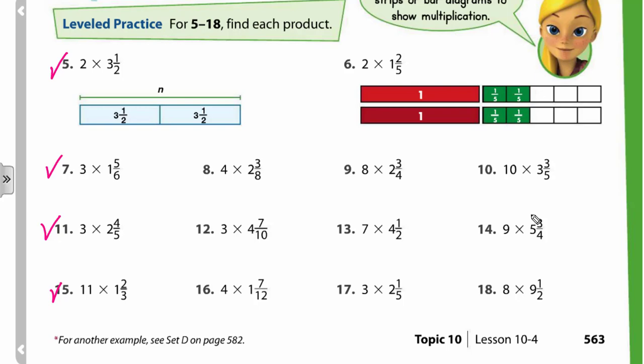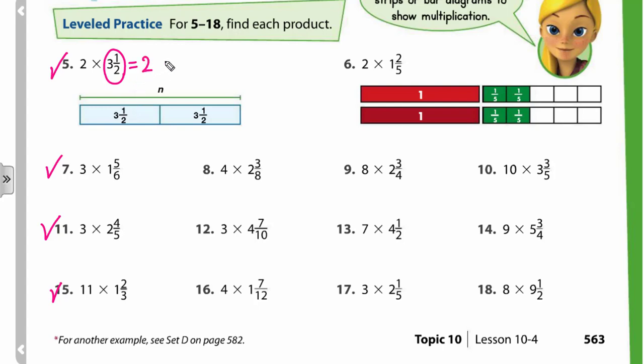Okay, let's go ahead. The first one, Adam. Okay, Adam, go ahead. Question number 5. You can use any of the 2 ways. I'm going to use the converting way. Okay, so you will convert the 3 and 1/2 to a fraction.